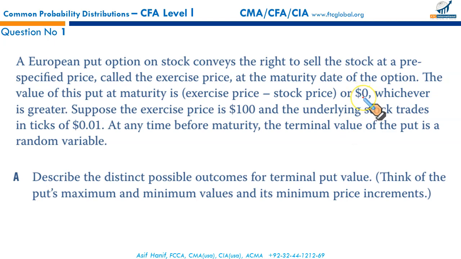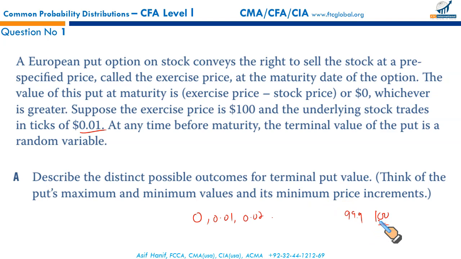We need to describe what would be the overall array of data. It could be as low as 0, as high as 100, value of the put option, right? And the in between array of data would be in increments of 0.01. So basically it would range somewhere from 0 to $100, and the sequence would proceed this way, and so on till 99.99 and then $100.